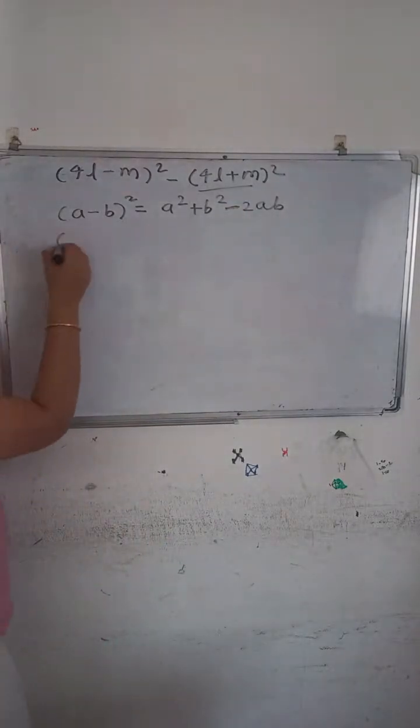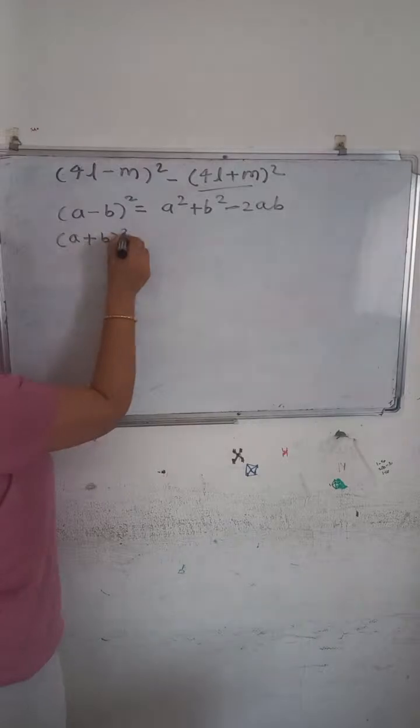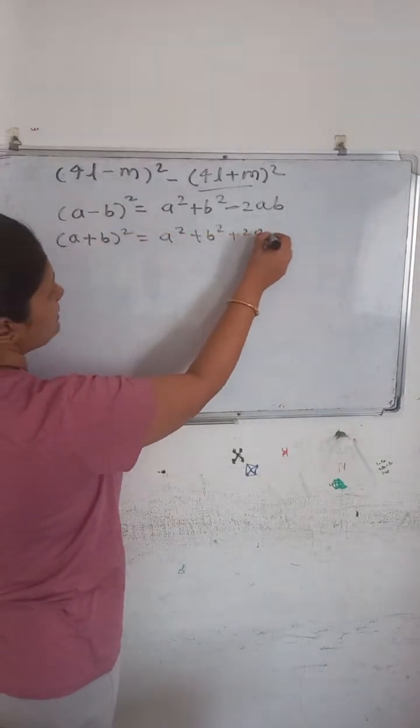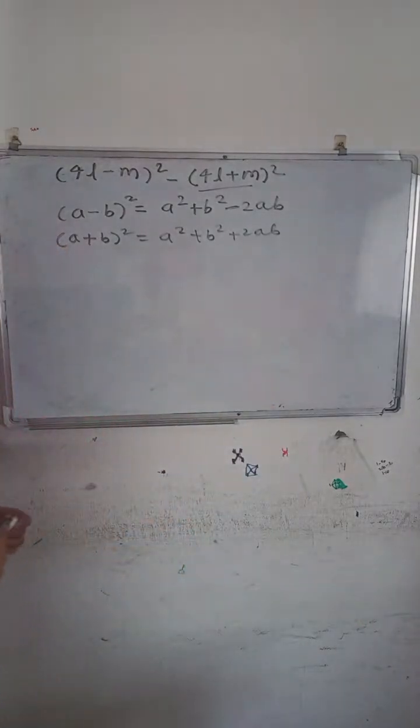And for (a plus b) whole bracket square we have a square plus b square plus twice ab. So these are the two identities we can use over here. Getting how to apply the identities just by observing the given quantities? Okay, are you getting everyone up to here?